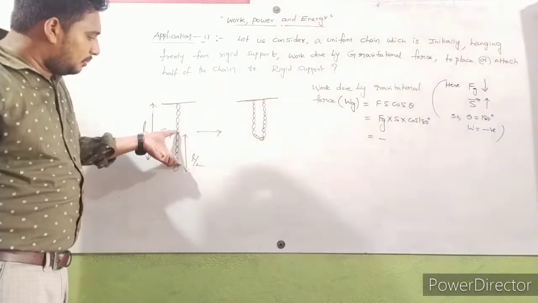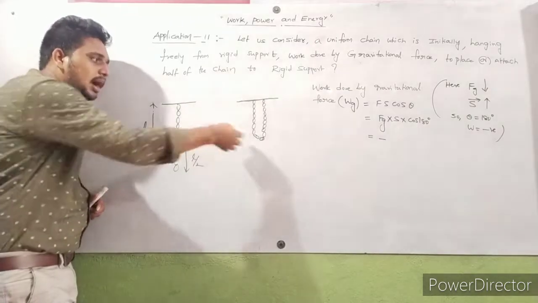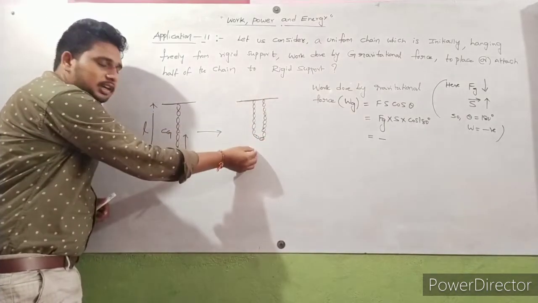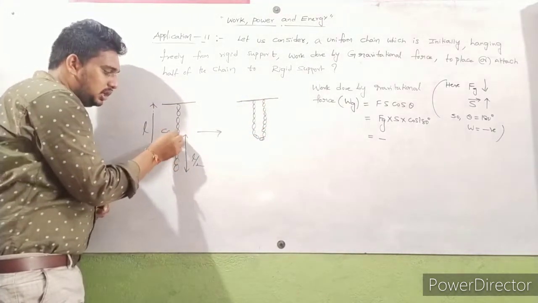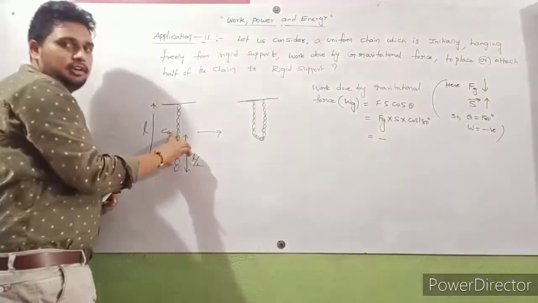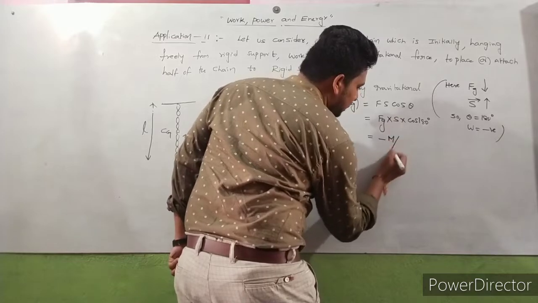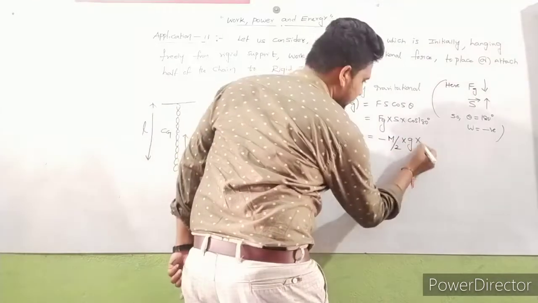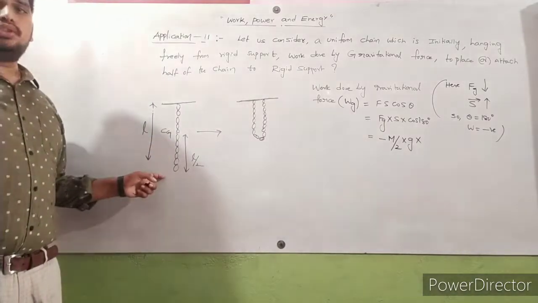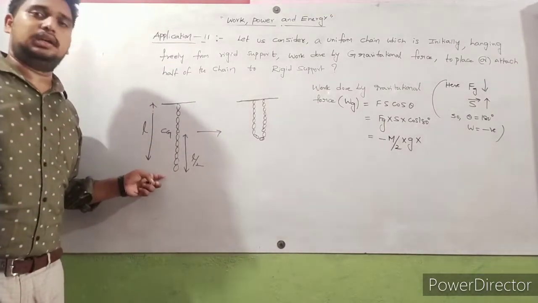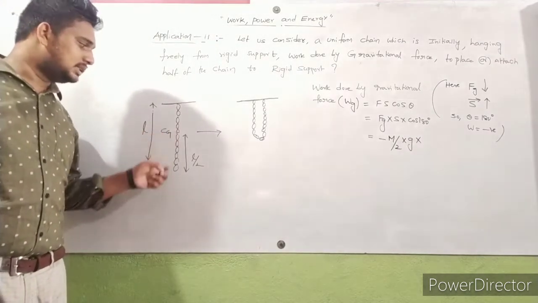Here how much mass is involved? Observe carefully. Only half of the mass is attached here, so I need to take m by 2 into g into displacement S. If we consider a uniform chain, rod, ladder or cylinder, we always take the distance from the center of gravity.